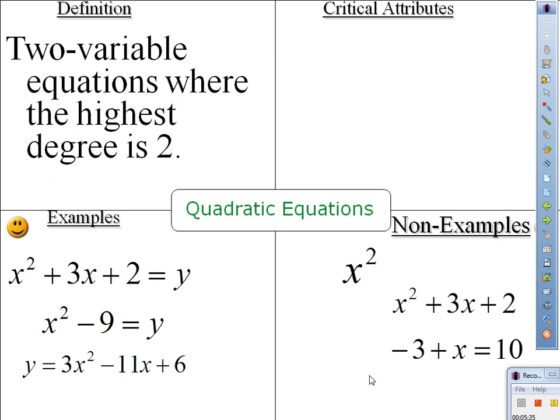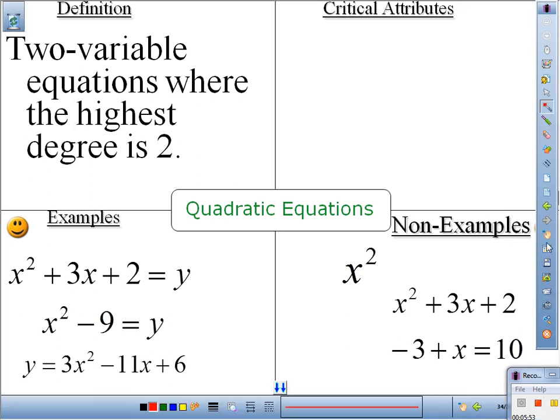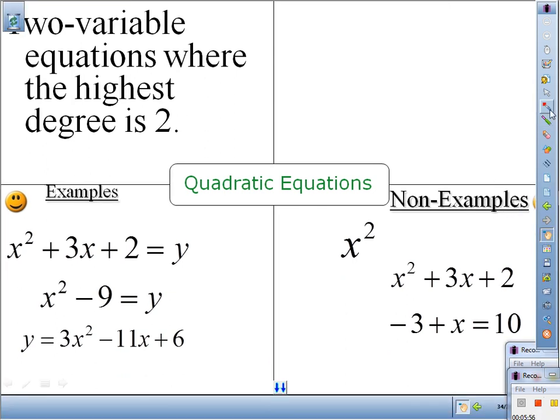Before you copy that, tell your neighbor why each one of those is not a quadratic equation. Why is it not? All right, the first two, Cindy, why are these not quadratic equations?